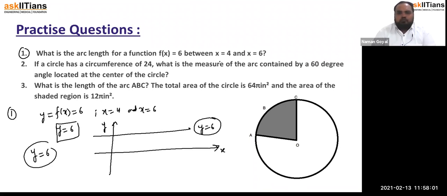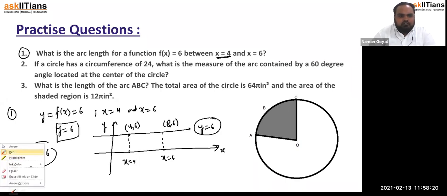Now where is x equals 4? This is x equals 4, and this is x equals 6, right? So if a point moves from the point (4, 6) to (6, 6), how much distance does it cover? This distance, right?